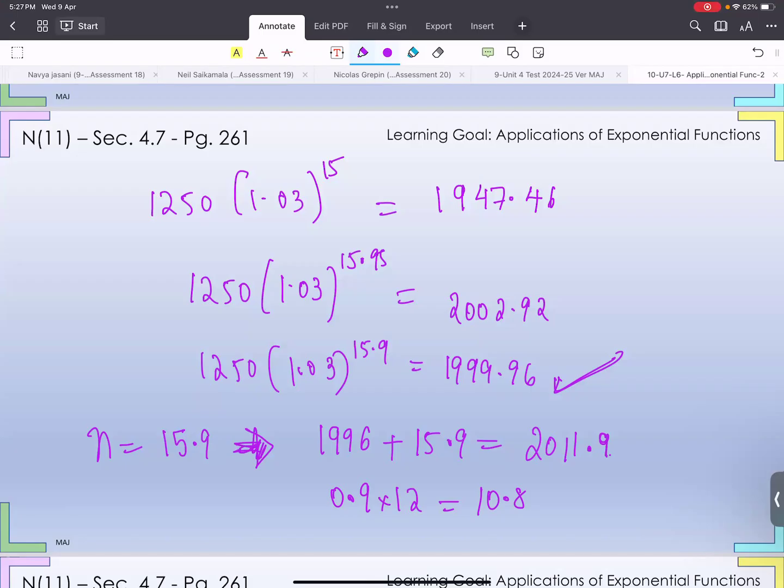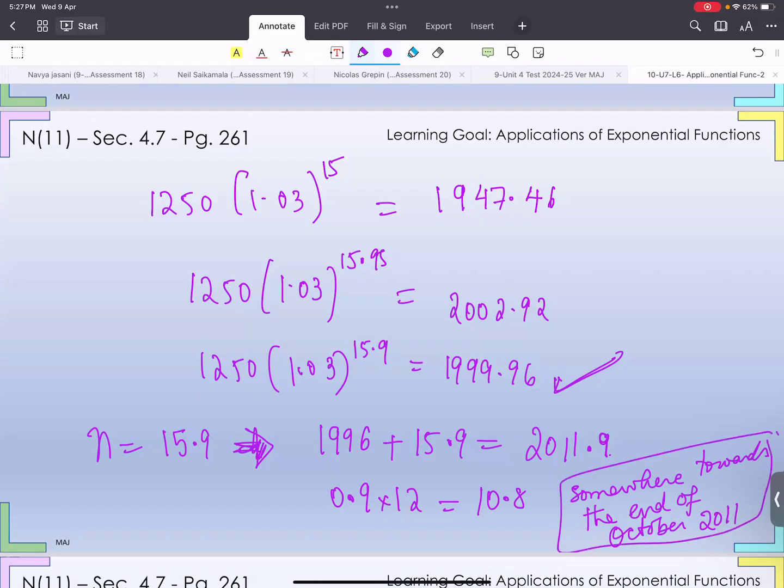So approximately towards the end of October 2011. Okay, so that's your answer.